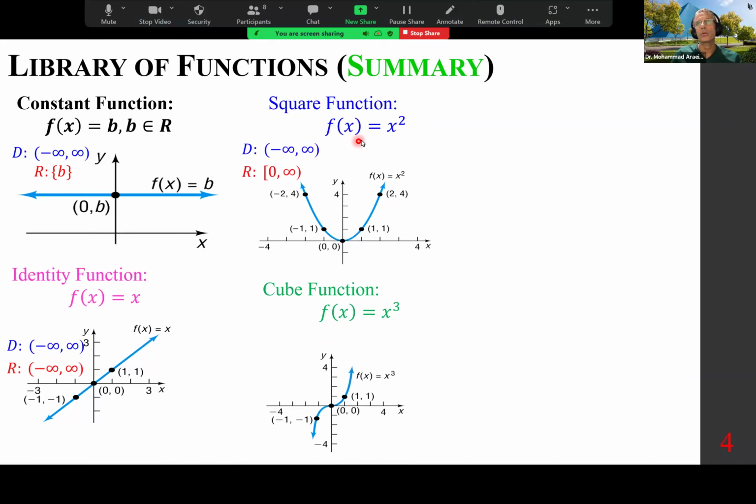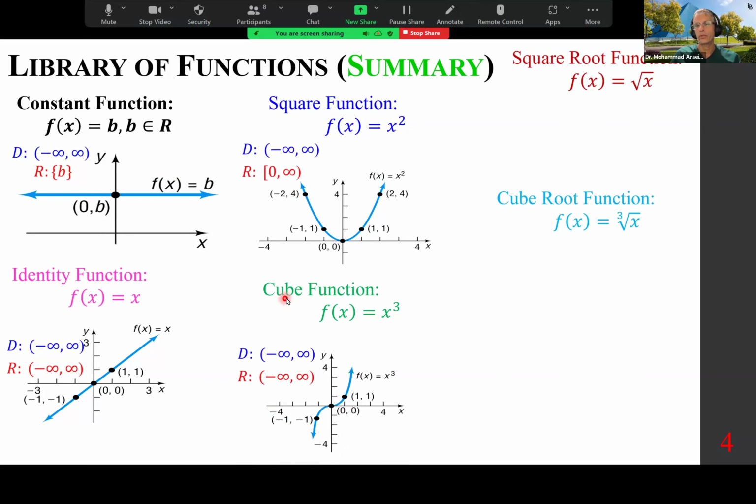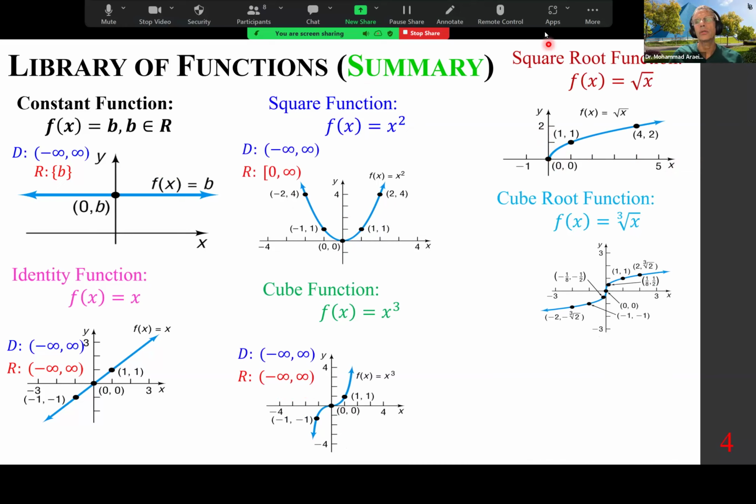For f of x, or y, equals x cubed, known as a cube function, domain and range are all real numbers. For the square root function, the x covers the positive side of the x-axis and the y does the same thing. So in both cases, 0 to infinity would be the domain and range. In the case of a cube, it covers everything, and therefore domain and range are all real numbers from negative to positive infinity.